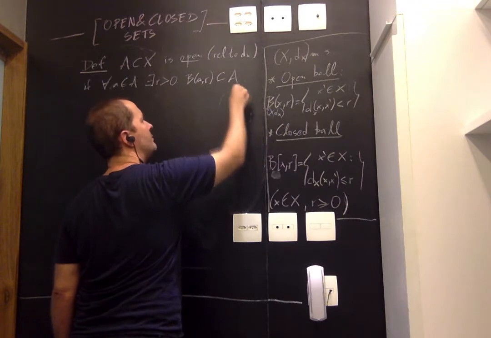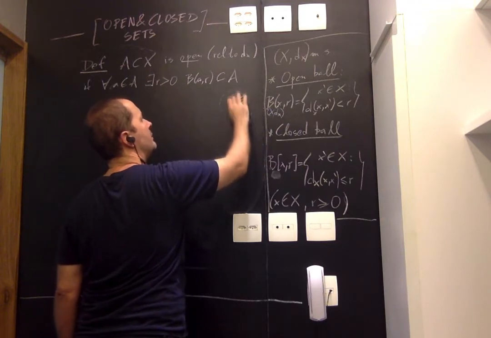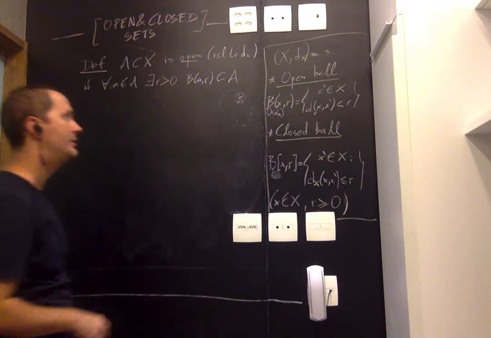Doesn't matter, this has to be positive, such that this little ball around the point is entirely contained in the set capital A.